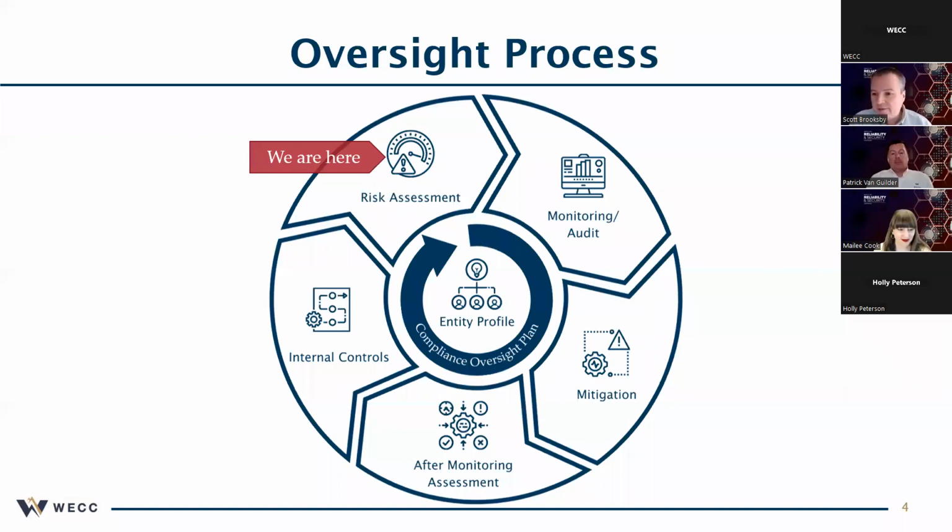It's all the data we've collected over time, whether through registration surveys, annual surveys, the RSOD data audits, or other tools that WEC may have. It's what we know about you, and it's how we form our oversight.